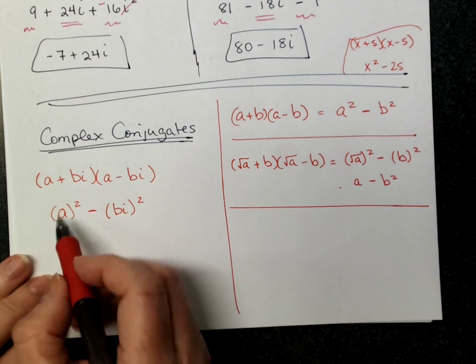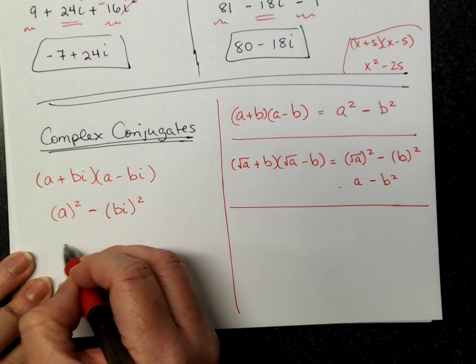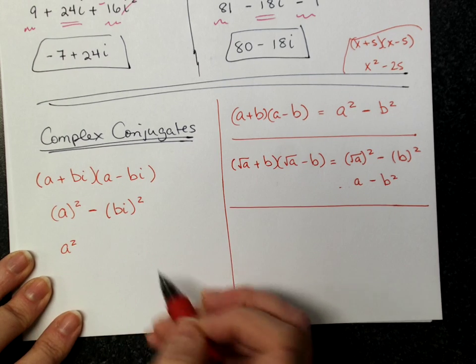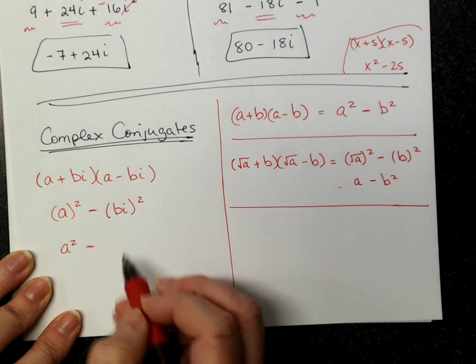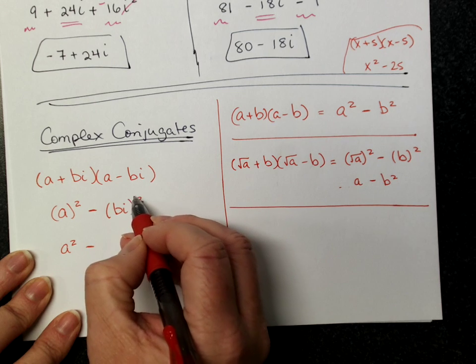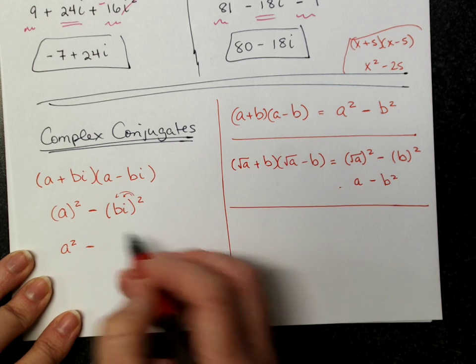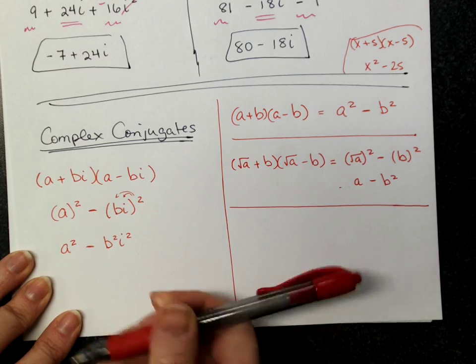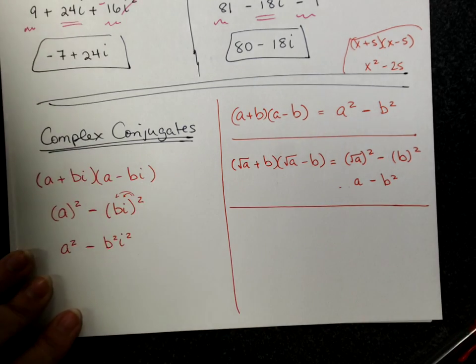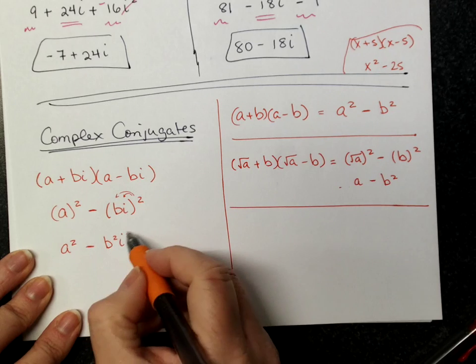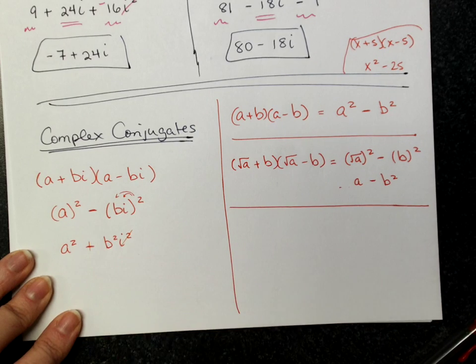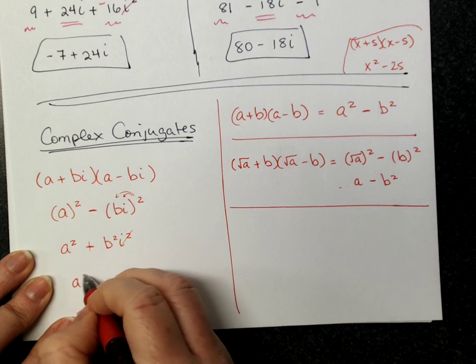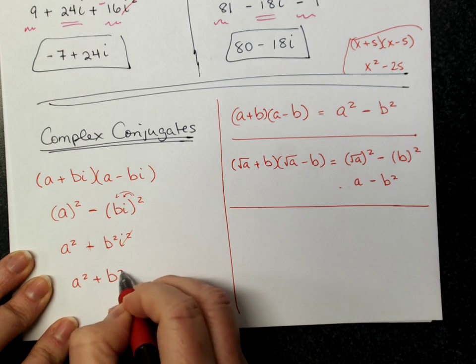Because when you simplify this, this is your real number component, so it's just going to be a squared, whatever that number is, minus, and that square belongs to both the b and the i, so you end up with b squared i squared. What happens to that i? Right, that i squared turns into a negative, which changes a minus to a plus, and you end up with a squared plus b squared.